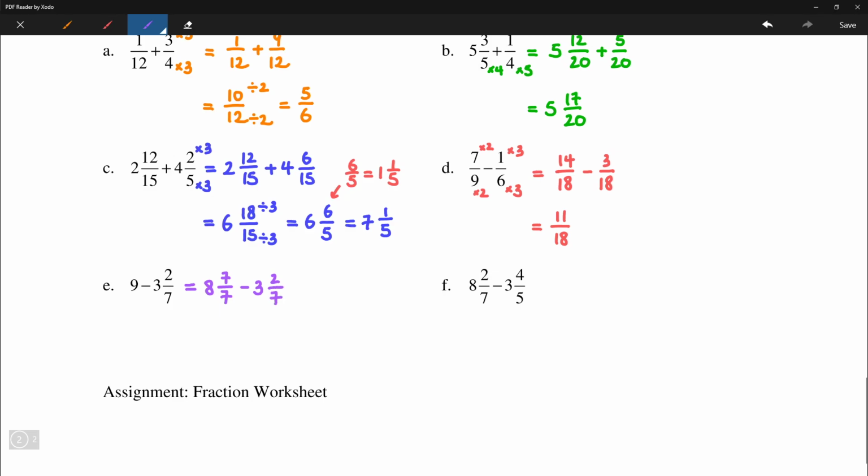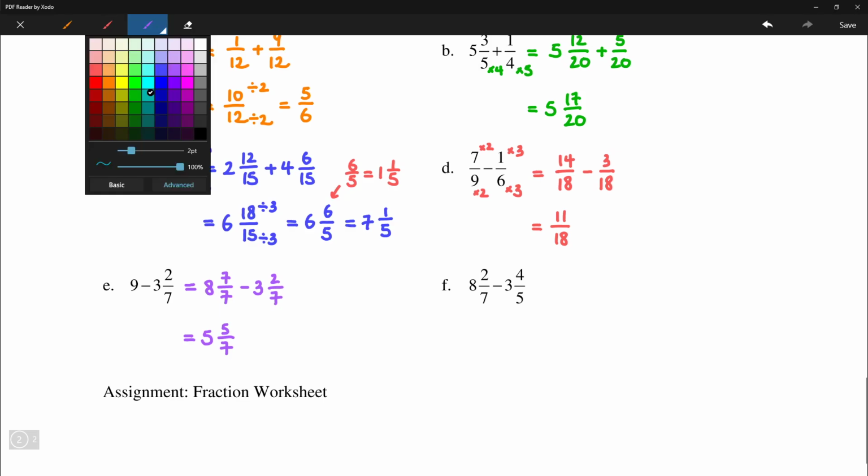So this way we can subtract pretty much directly. 8 minus 3 is 5, 7 minus 2 is 5, and of course the denominator is still 7. Okay. Alternatively, this question can also be done by rewriting both fractions as improper fractions out of 7. But we will do that with the next question just to see what it's like instead.